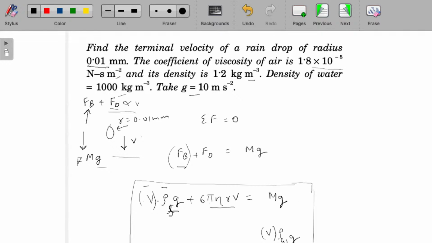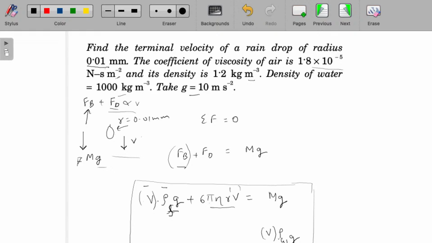Let us substitute the rest of the values here to get the value of one unknown, v. So V here is supposed to be equal to 4 by 3 pi r cube, because that's the volume of a sphere. Here the value of r is already given. So this V multiplied by the density of the air, which is given as 1.2 kg per meter cube here, multiplied by g here, which is going to be 10, will be your buoyant force Fb.